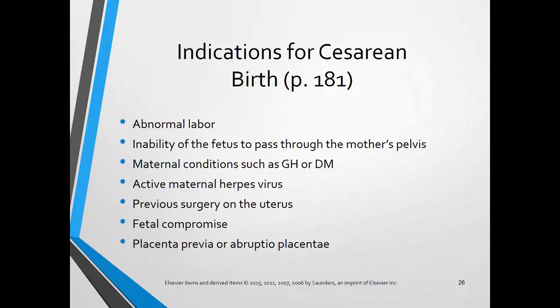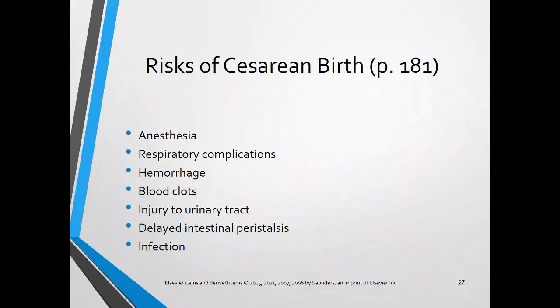Here are some reasons why: abnormal labor, maternal complications, active herpes, fetal compromise, or placenta previa or abruption. Risks of C-section are going to be the medications they're getting from anesthesia, hemorrhage, respiratory complications, delayed healing, and infection.